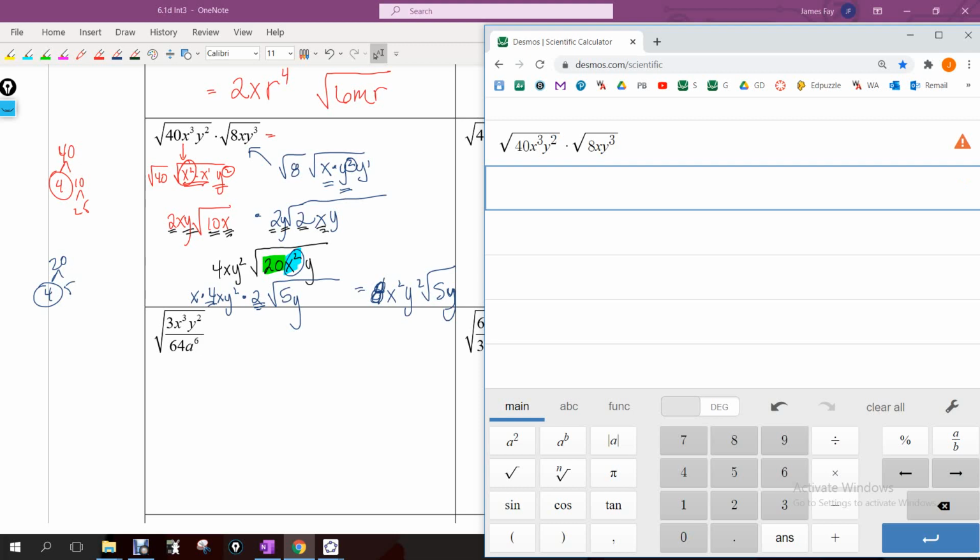See if that's the same thing as 8x squared y squared times the square root of 5y.